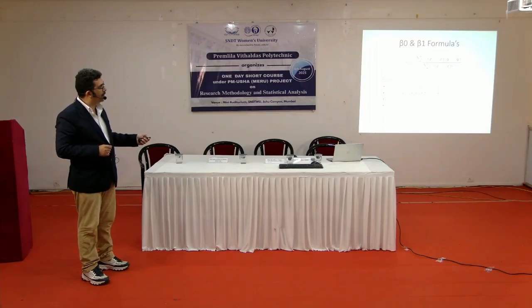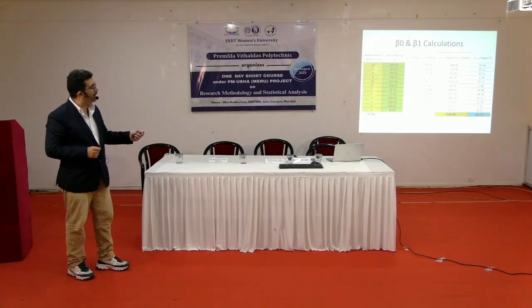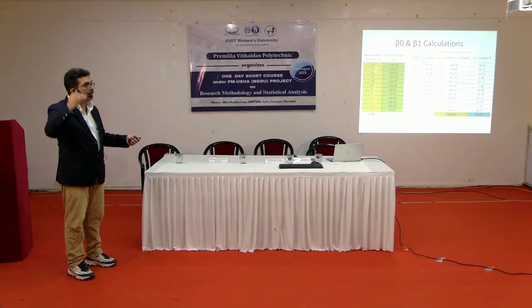So we found these values and we have taken the square of x minus x mean. We are interested in these last two columns. The second last column will be in the numerator of the formula, and the last column will be in the denominator.